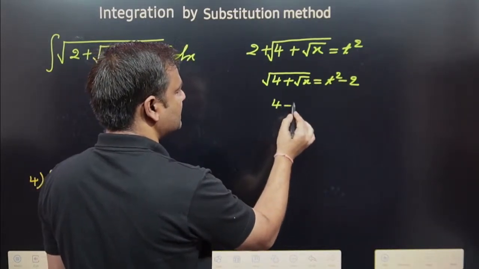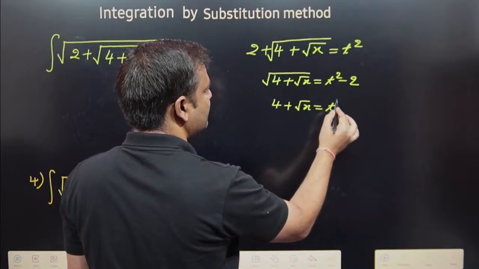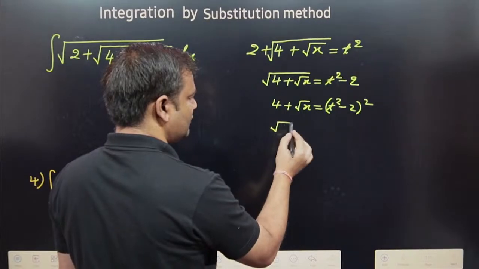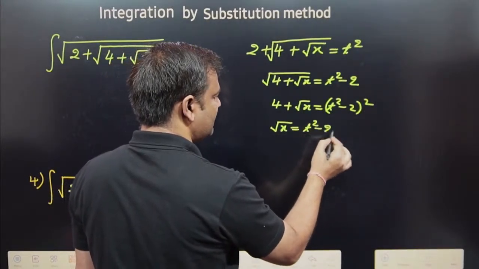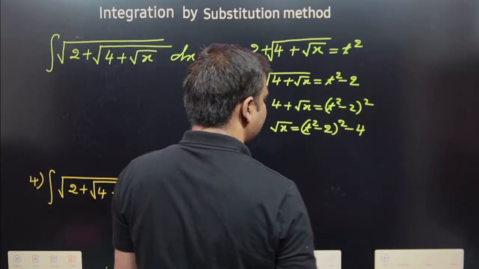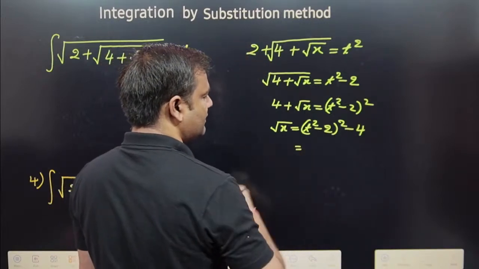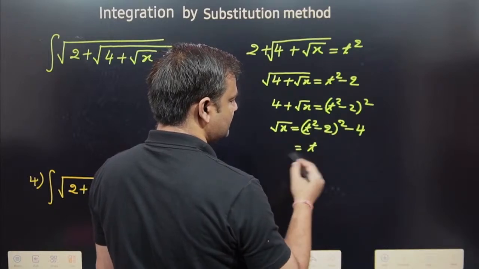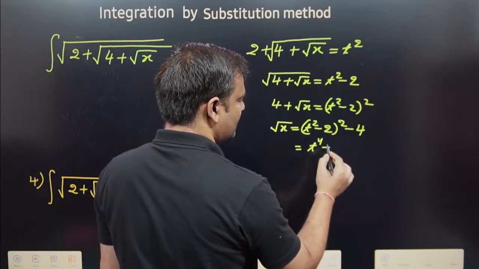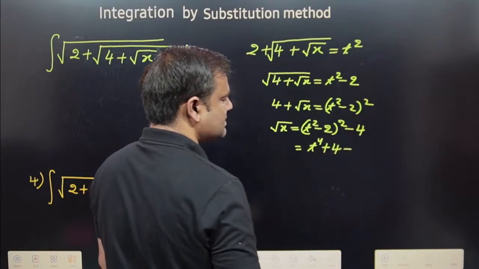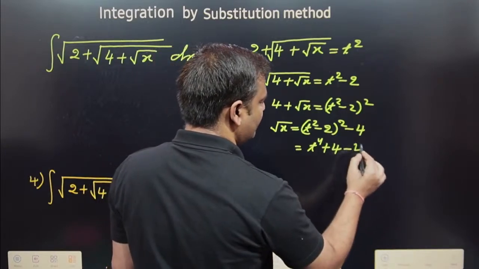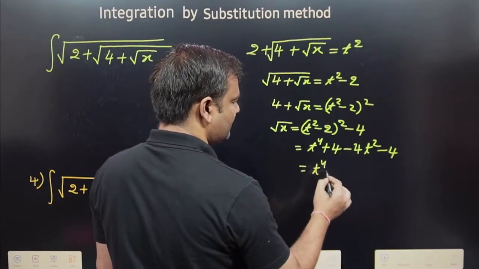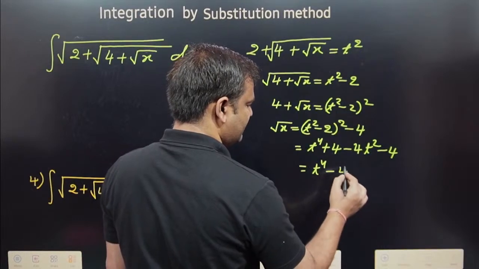Again squaring, 4 plus root x is t square minus 2 to the whole square, and after that root x is t square minus 2 to the whole square minus 4. What is that value? t to power 4 plus 4 minus 4 t square minus 4. This cancels, and it is written as t to power 4 minus 4 t square.